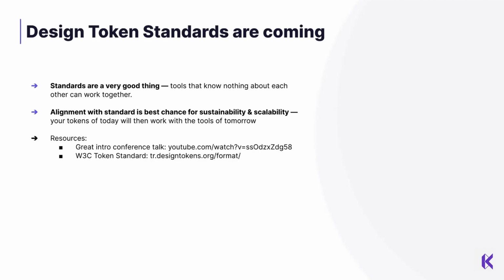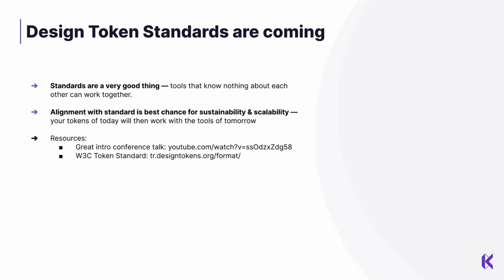And as the talk says, this is how you can be sustainable and scalable, because we all know we move between tools and frameworks very frequently, and we want to take our content with us. And your tokens are your content. They're all your brand decisions that have been painstakingly made, so you don't want to have to rewrite all of them.